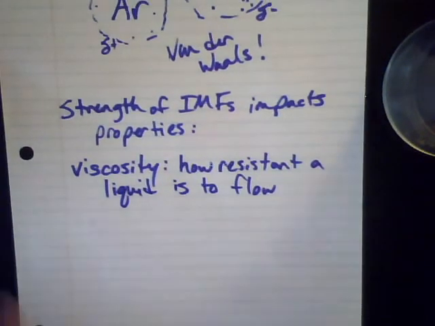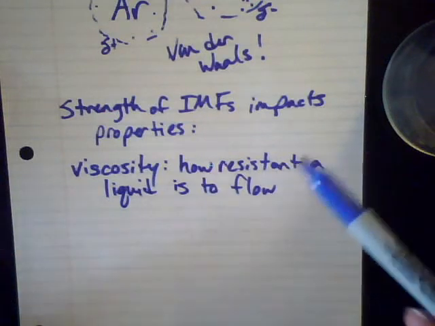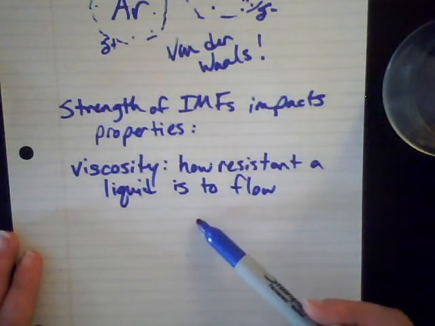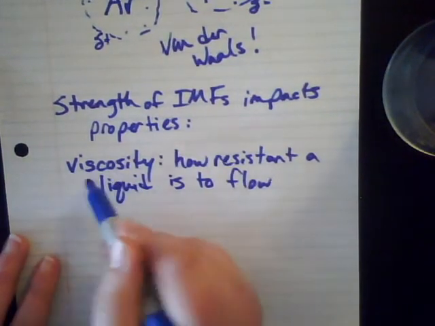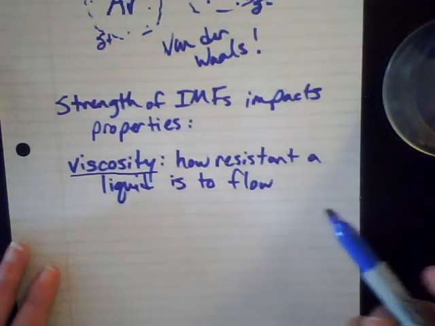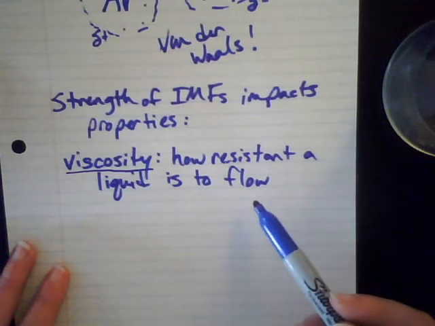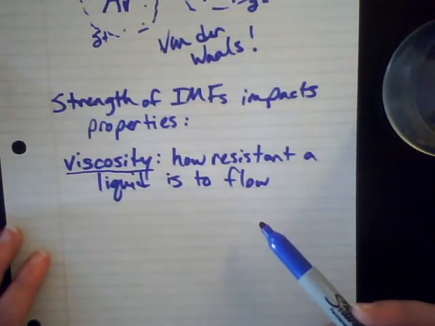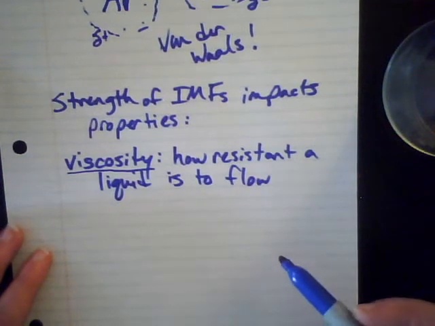So we said that liquids are fluid and the particles can move past each other, and so that allows for this fluidity of liquids. But viscosity is how resistant then that liquid is to flowing. So think maple syrup, think honey, think tar, all these things that are viscous.